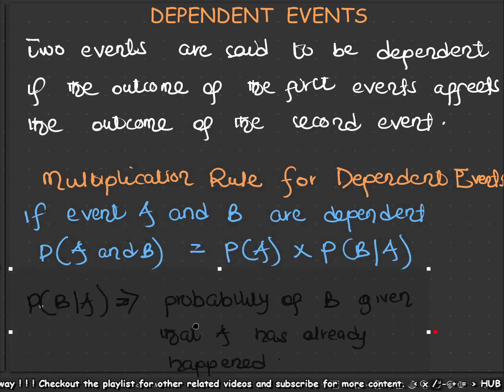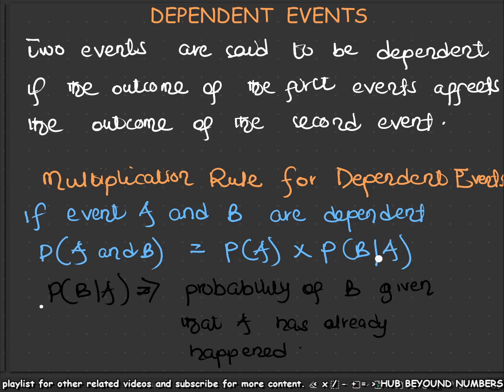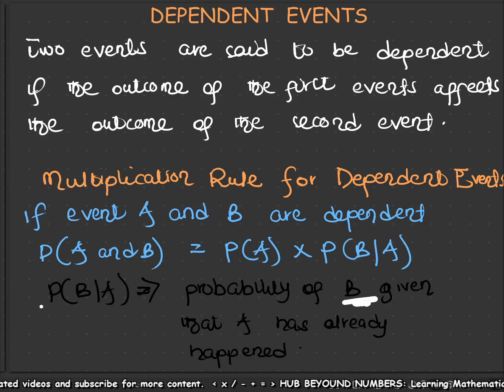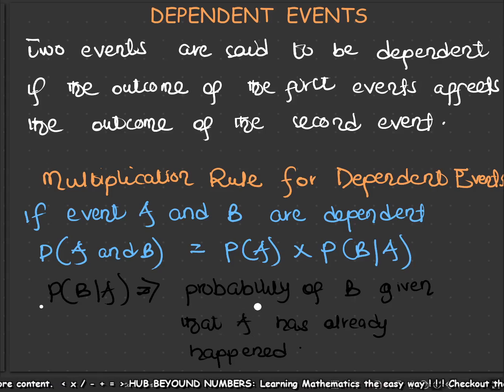What does this mean? P(B|A) is the probability of B, given that A has already happened.